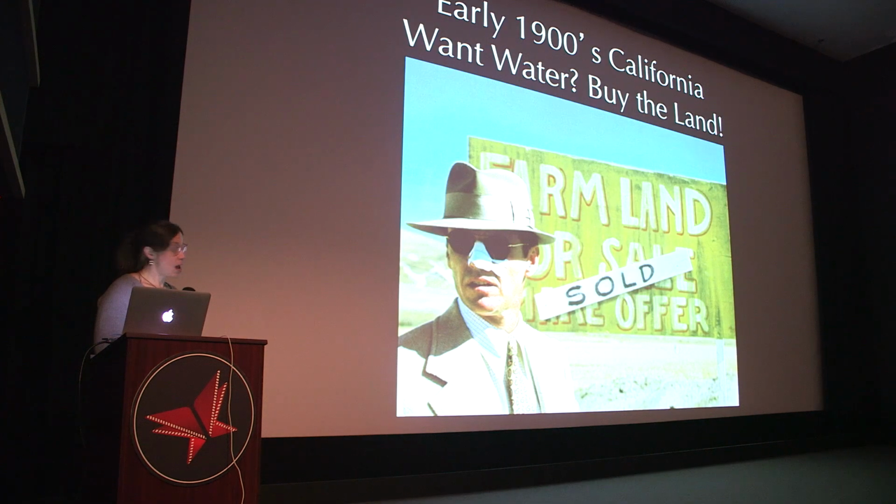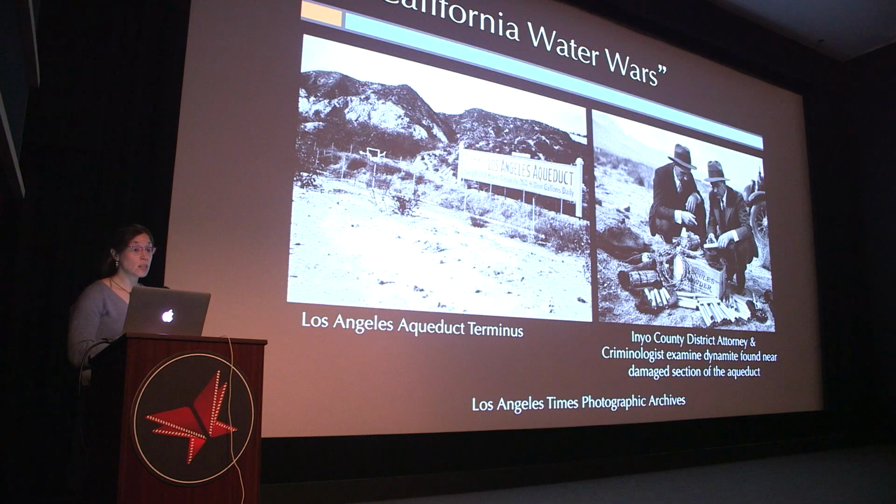And you can imagine how this may in fact lead to a few tensions because, of course, if you withdraw water in one location, even if you are downstream, you may be affected if that water is no longer used near the stream, but is drawn and appropriated and moved to another property. And so this did indeed lead to a number of tensions. And in fact, in the 1915s, there were what were called the California Water Wars.